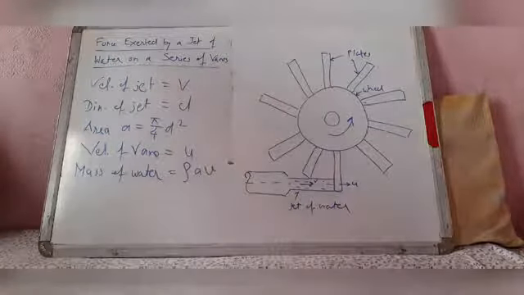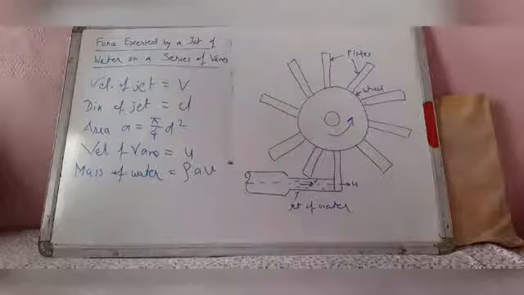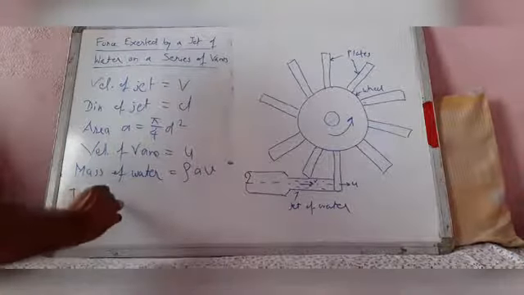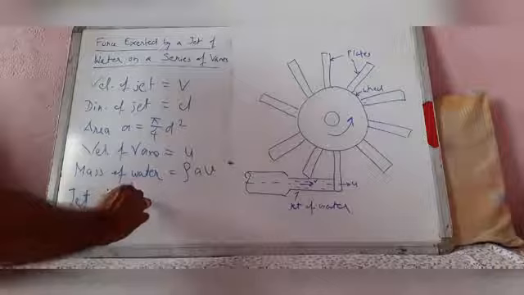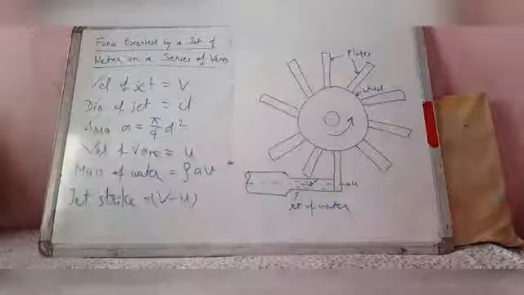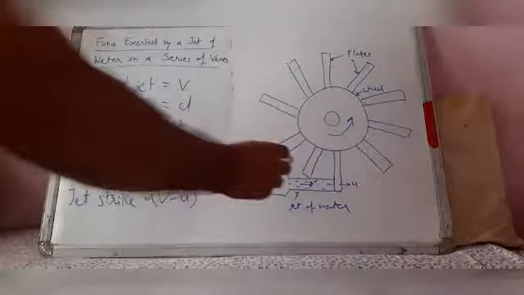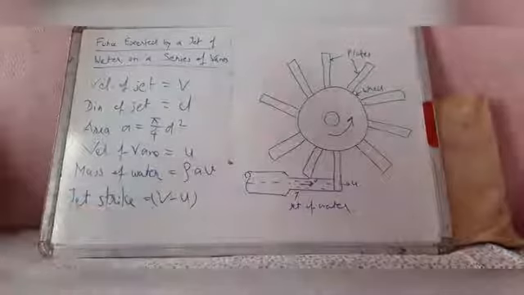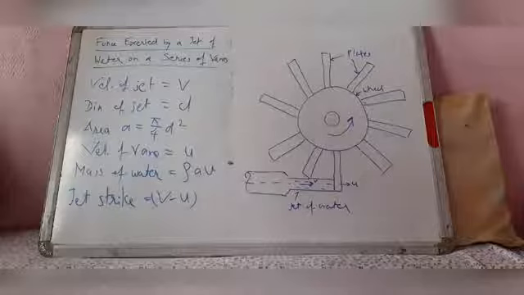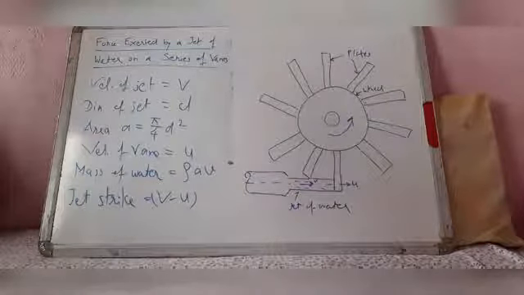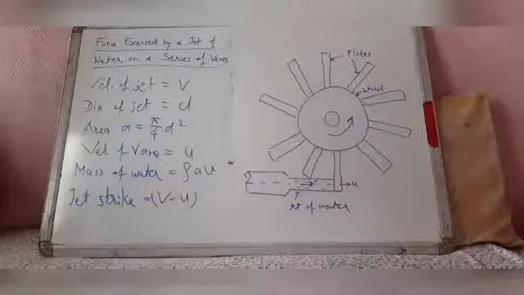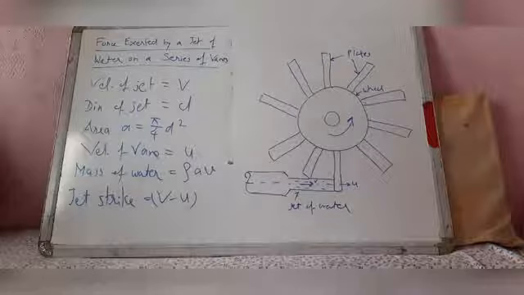Also, the jet strikes the plate with a velocity equal to v minus u, because v is the velocity of jet and u is the velocity of plate. Now, after striking, the jet moves tangentially to the plate, and hence the velocity component in the direction of motion of plate is equal to 0.